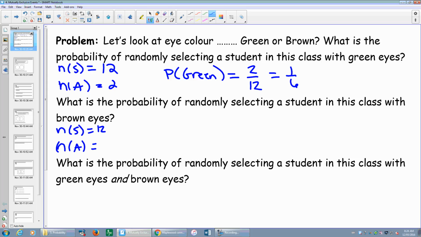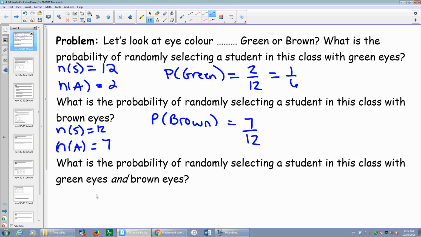Pardon? Okay. How many? 7? Okay. So the probability would be what, Mike, for picking someone with brown eyes? Good. 7/12. And then that can't be reduced, so I would leave it like that.